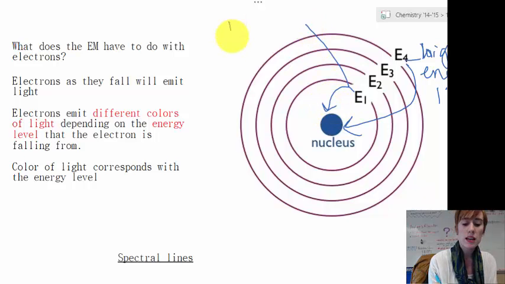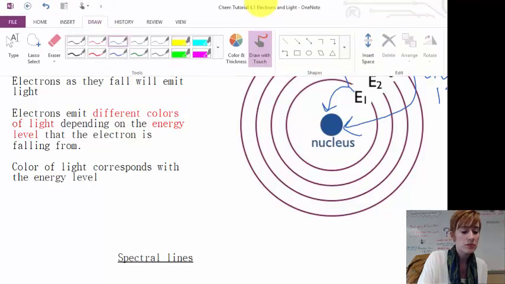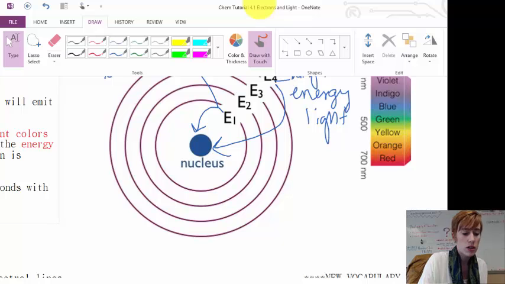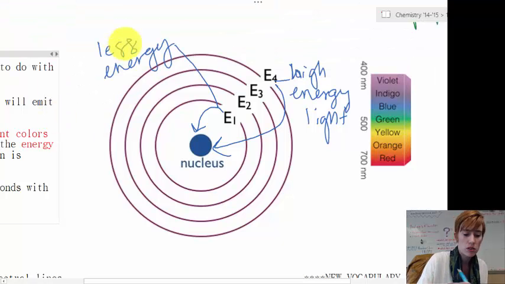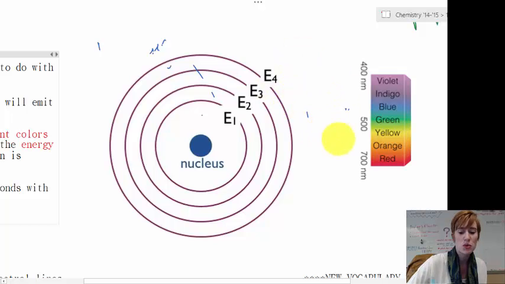That is releasing less energy, so the light that it emits as it falls from a low energy level is light that has less energy. So remember, we just talked about how the different colors of light have different energies. So we should be able to identify what energy levels will release different colors of light.